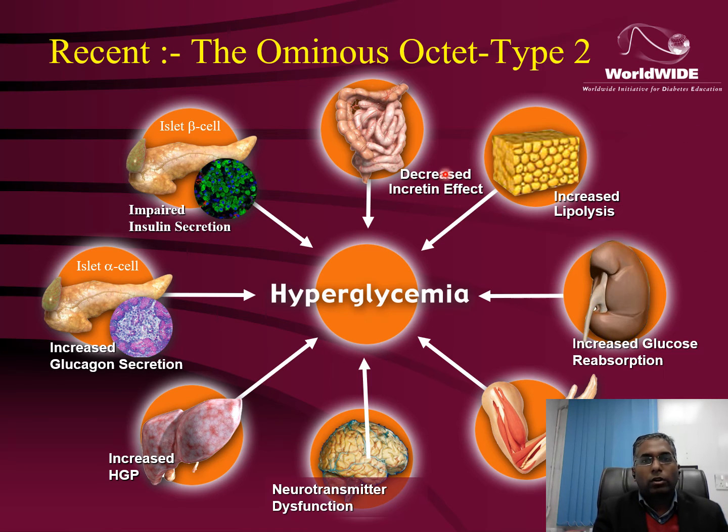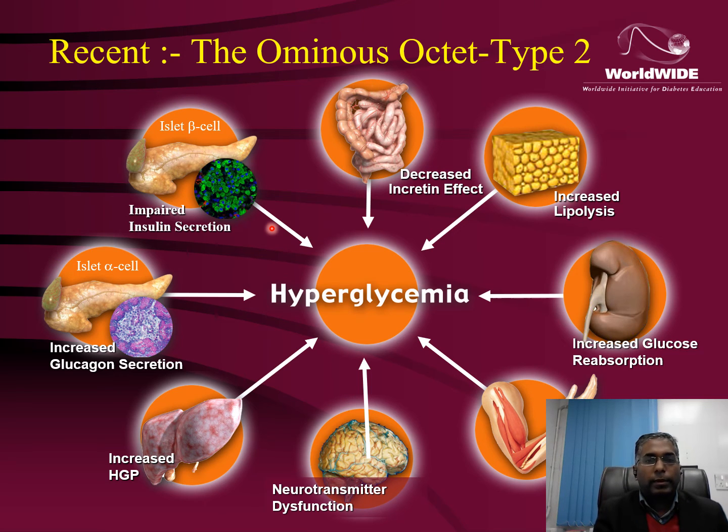Recently, the ominous octet in the pathogenesis of type 2 diabetes mellitus has emerged. At the center of it is hyperglycemia, which is caused by eight factors: decreased incretin effect, increased lipolysis, increased glucose reabsorption, decreased glucose utilization by muscle, neurotransmitter dysfunction, increased hepatic glucose output, increased glucagon secretion, and impaired insulin secretion.